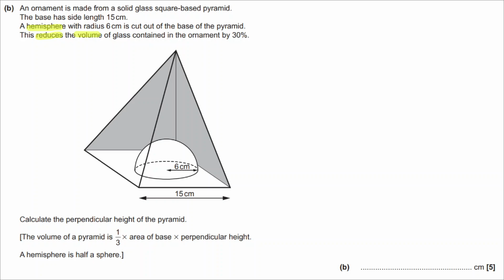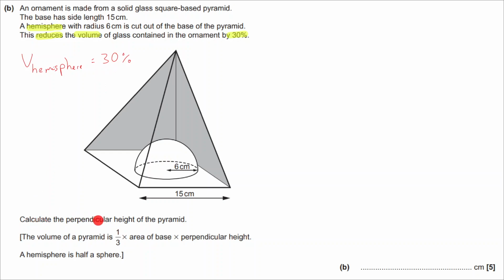Which means that the volume of the hemisphere must be equal to 30% of the total volume. That could be useful, because if it reduces the volume of the whole thing by 30%, the volume of the hemisphere must be equal to 30% of the total volume.